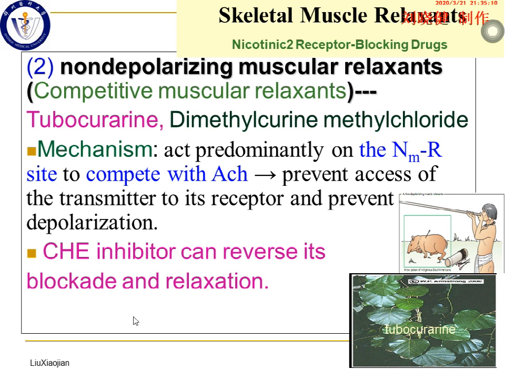Another group of skeletal muscle relaxants is the non-depolarizing neuromuscular relaxants. Just now I also explained it is a competitive antagonist of the NM receptor, like tubocurarine.